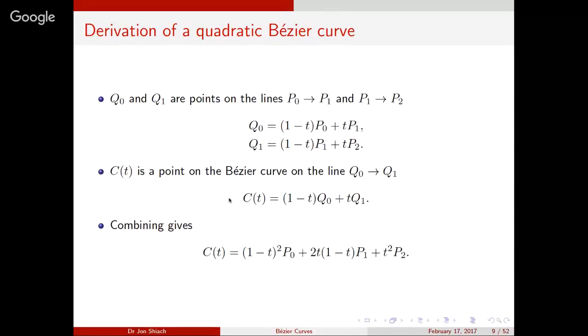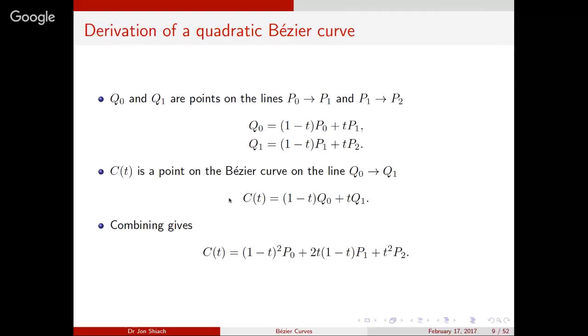So C(t) is given by this parametric equation. So what I will do now is, instead of Q0, I replace it with that expression, and instead of Q1, I replace it with that expression. Doing a bit of simplification, a bit of algebra, and I get this parametric equation here.